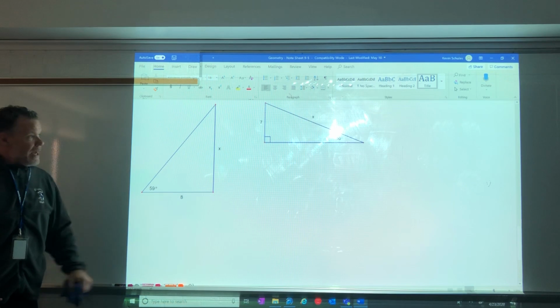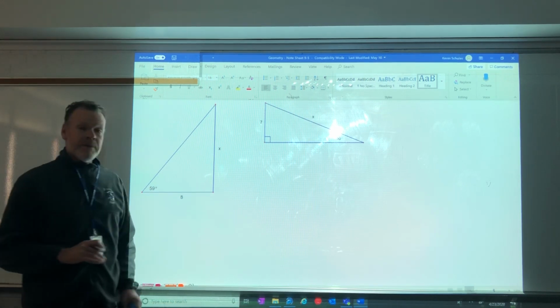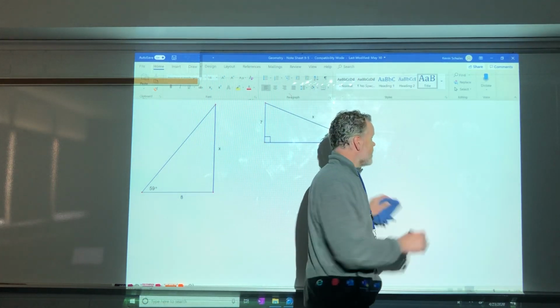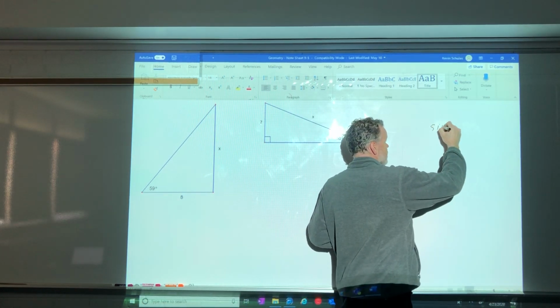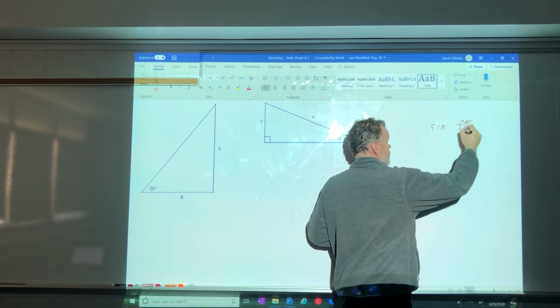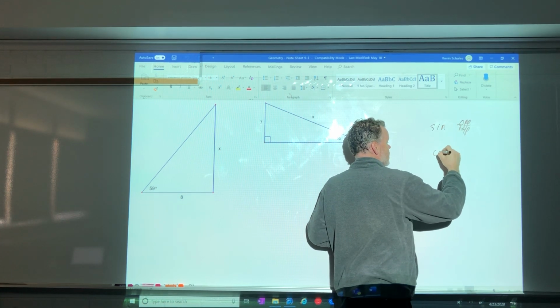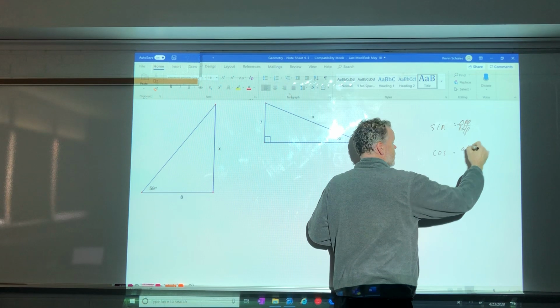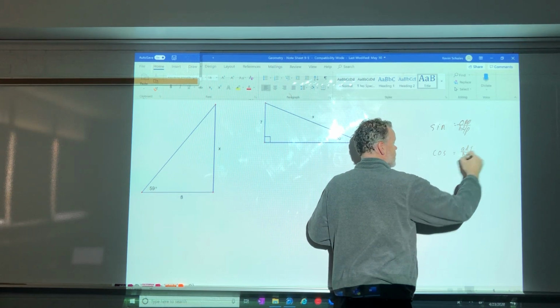Now, if you remember your trig ratios, or you'll have them to reference, sine is going to end up being opposite over hypotenuse. Cosine is going to equal adjacent over hypotenuse.